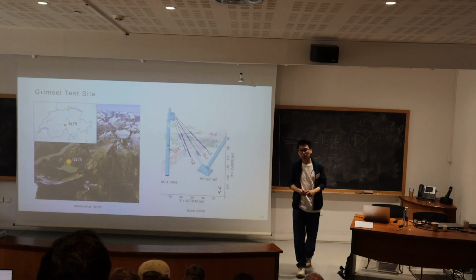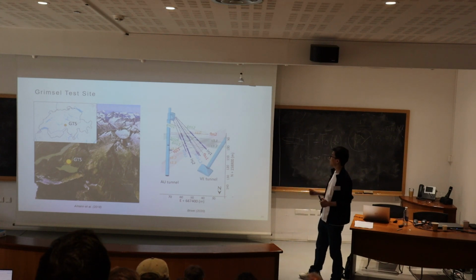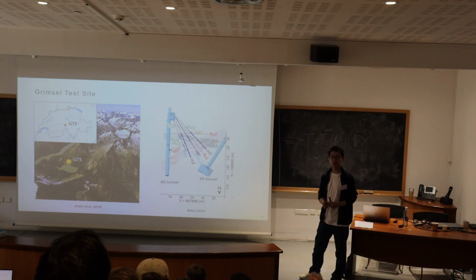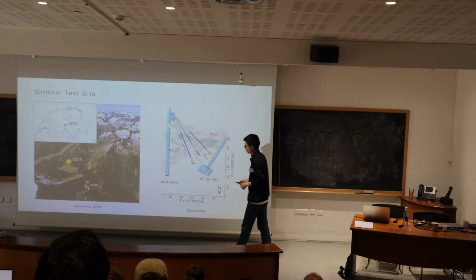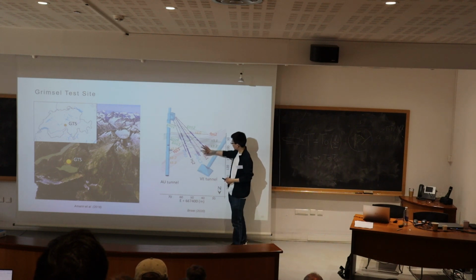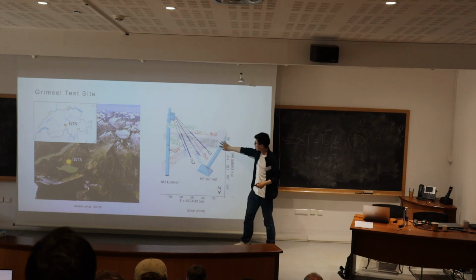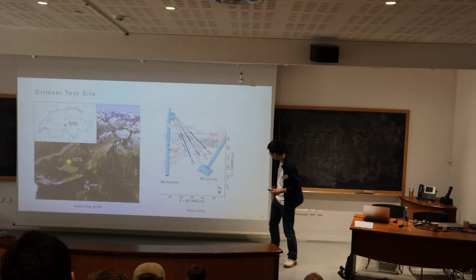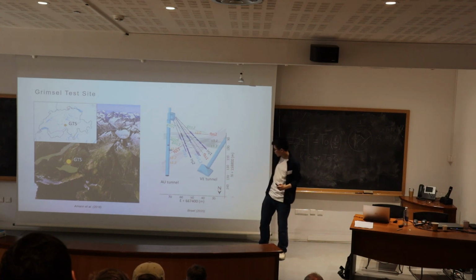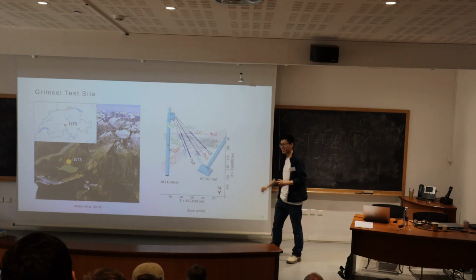To study this, people have done extensive experiments in the Grimsel laboratory, injecting high pressure fluid into two shear zones or two fault zones. This is a figure from Bernard's PhD, and he's also sitting there.